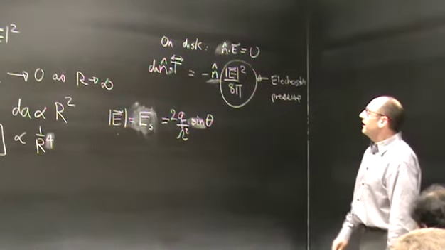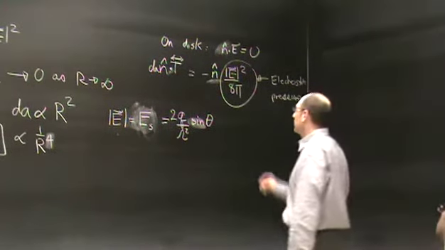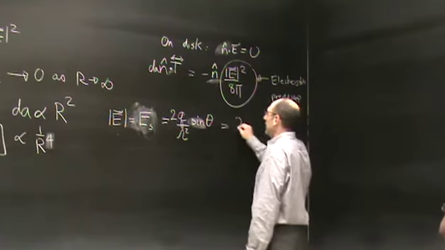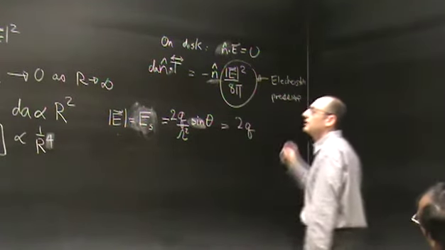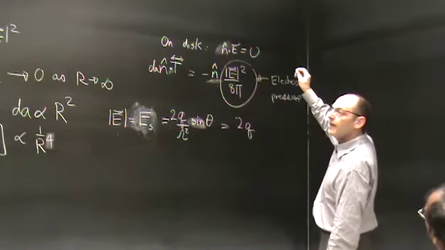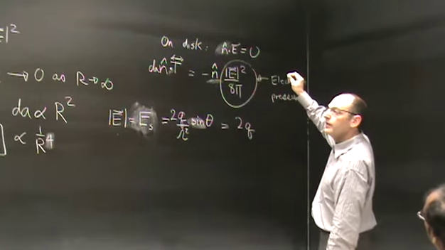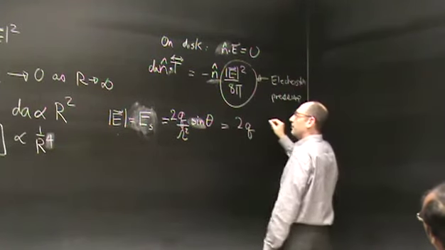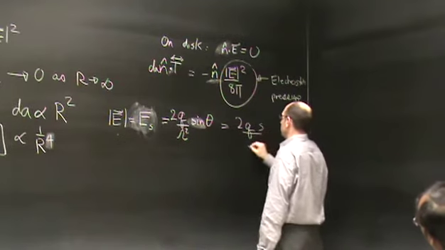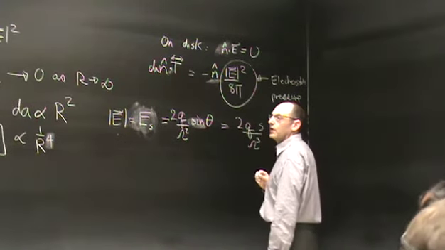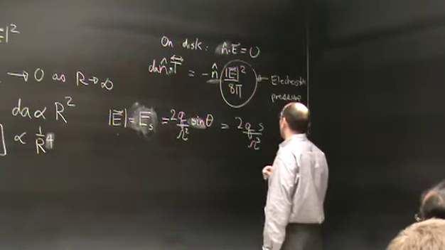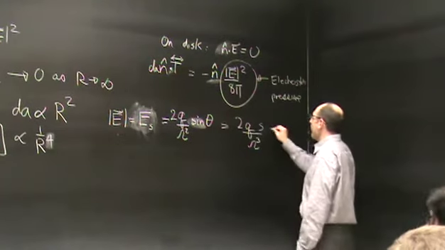So what is sine theta? So we have 2Q, S over R. Okay? And what is R?